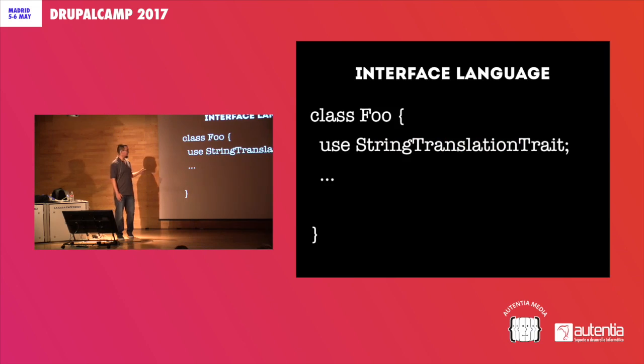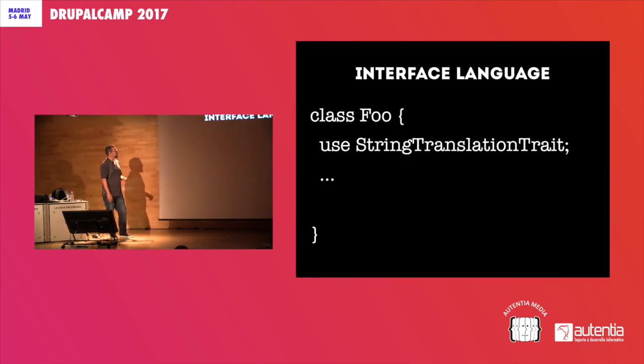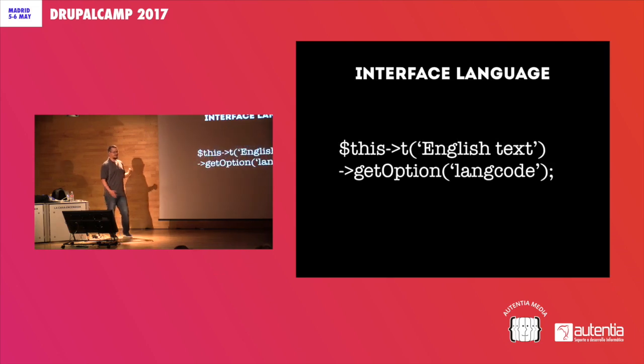So there's a trait, a string translation trait, that provides you with the T function and already knows about the string translation service. So you don't really need to inject it or anything. You just use this trait, and it will be available for you. So instead of calling T, you will call this T.